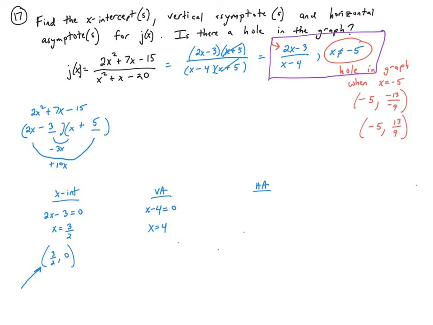To find the horizontal asymptote, compare the degrees of the numerator and the denominator. The degree of the numerator is 1, the degree of the denominator is 1. That means that y equals the ratio of the leading coefficients. That ratio is 2 over 1. So that means that the horizontal asymptote is y equals 2.